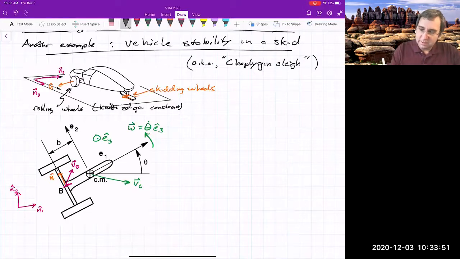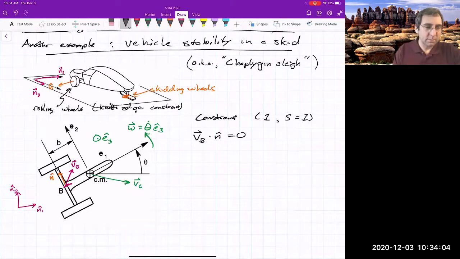So the constraint, and there's just one, so S equals 1: VB dotted with N equals 0. But N is the same as E2, because E2 is a body fixed direction. So the velocity of particle 1 dotted with E2 equals 0.